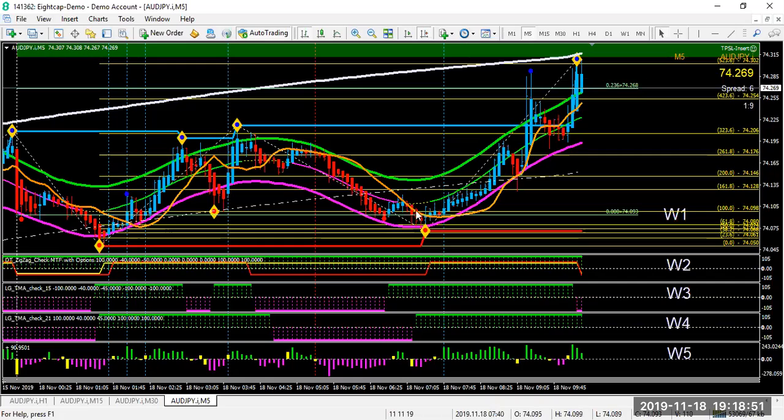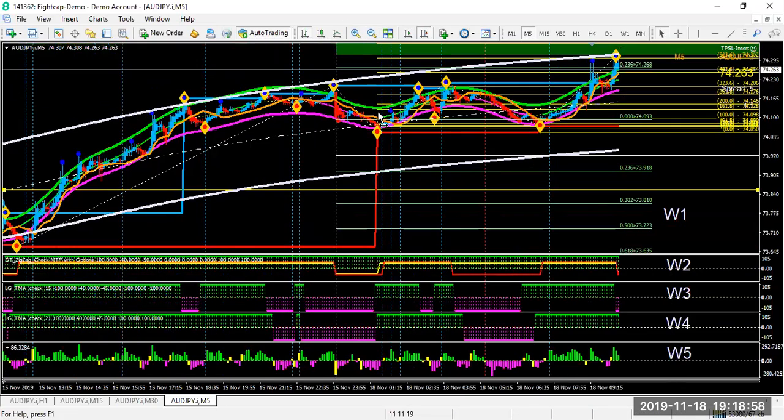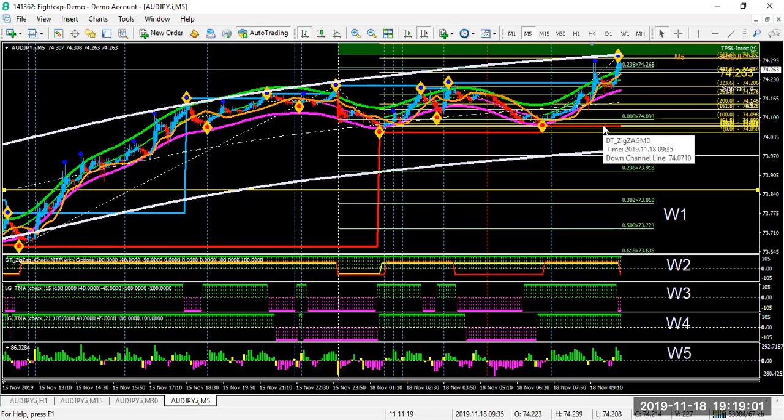Sometimes it's easy to just zoom out, and you can see the bias is upwards. You can see the angle of the 1 hour. You can see window 2 supports a lot of upward momentum. And the 5 minute river allows you to navigate the actual movement of price action as it fulfills the higher time frame's destination.